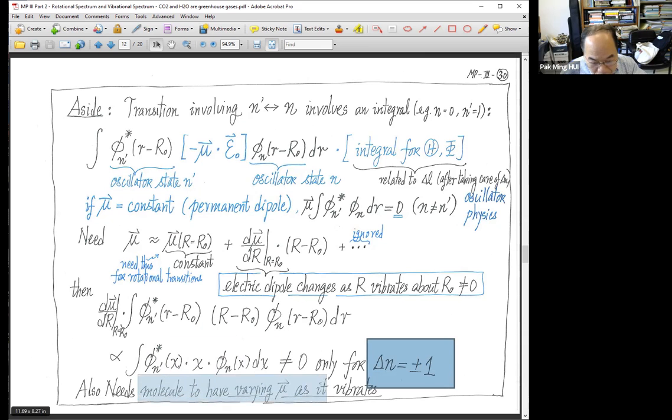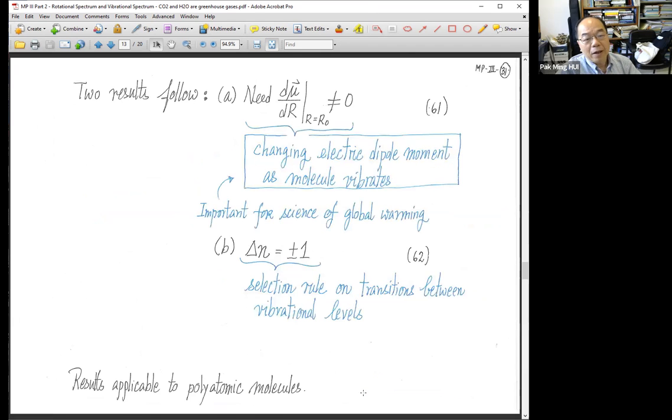The molecule needs to have the electric dipole moment changing as it vibrates, okay? For a diatomic molecule, if the charge is not evenly divided, then you have this case, okay? I hope that you know this from your classical mechanics course.